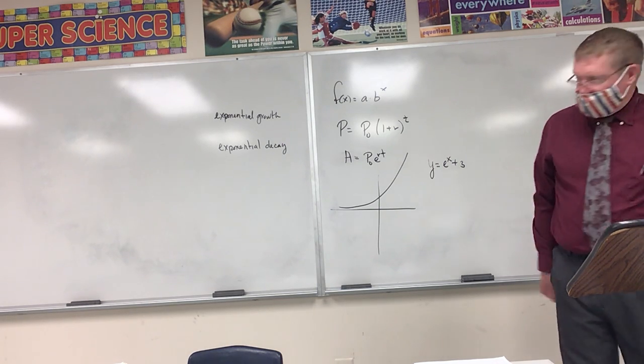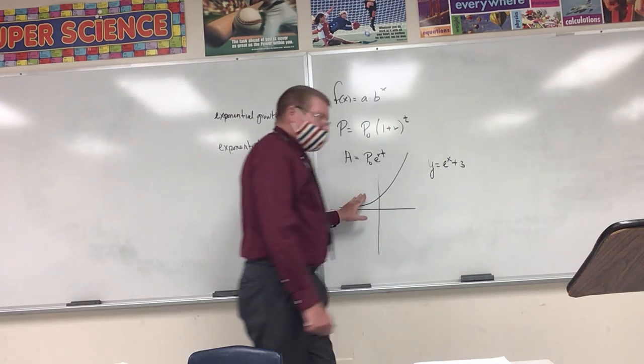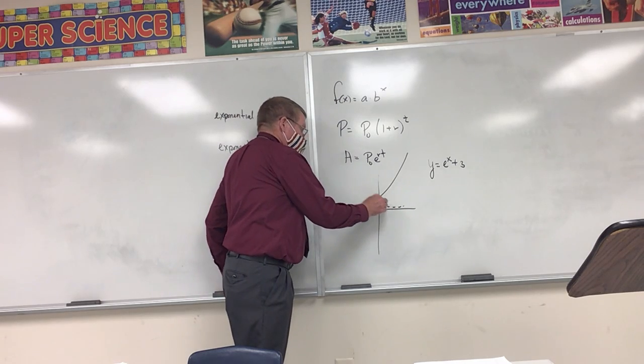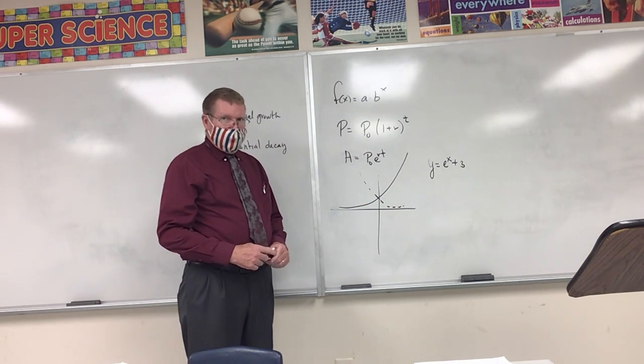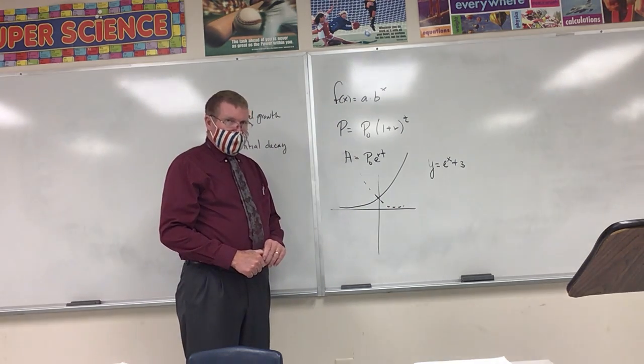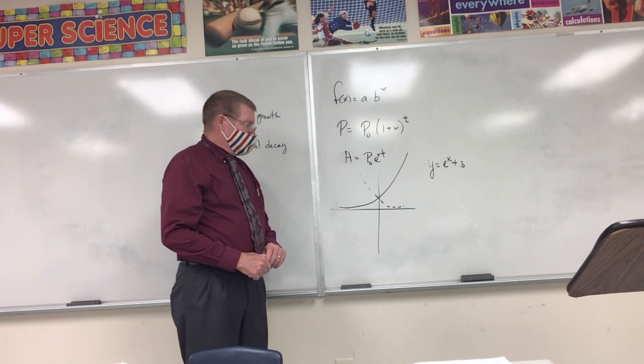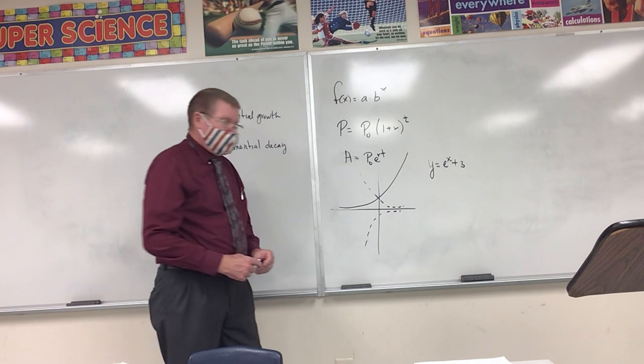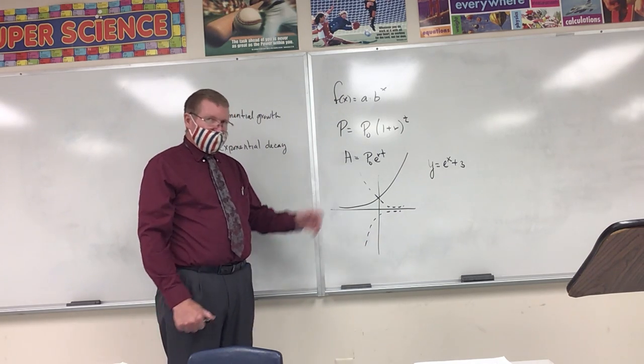This is my graph. The negative exponent tells me to flip over the y. The negative in front of the function tells me to flip over the x. So this is a growth. We haven't started growing, correct?